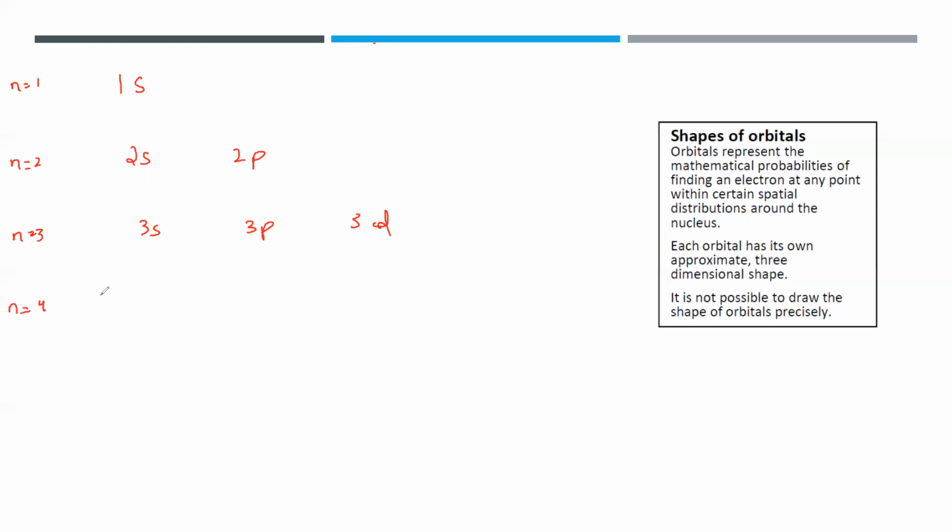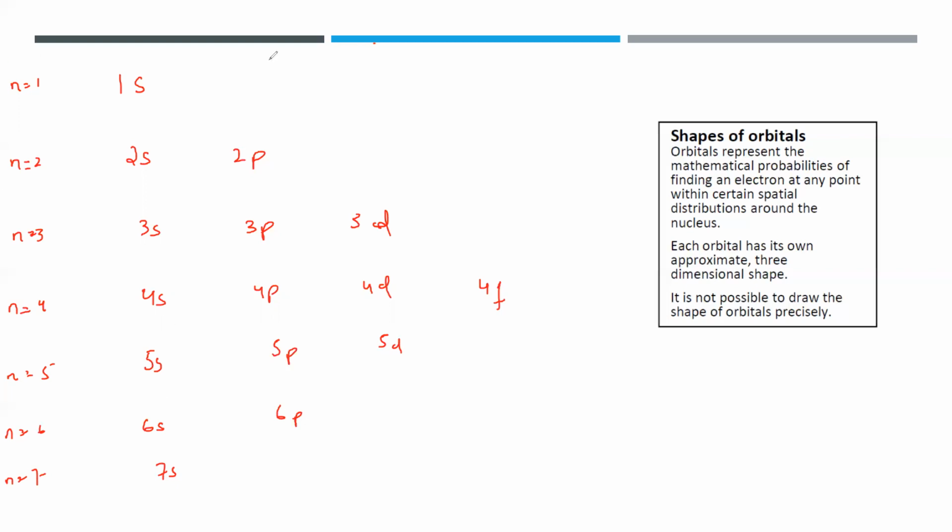Then the fourth shell: 4s, 4p, 4d and 4f. For the fifth, having increased up to this point, we now start to decrease: 5s, 5p and 5d. Then the sixth shell, 6s, 6p, and the seventh shell, 7s. Is it clear? This is the arrangement to learn, and how the electrons will fill up.